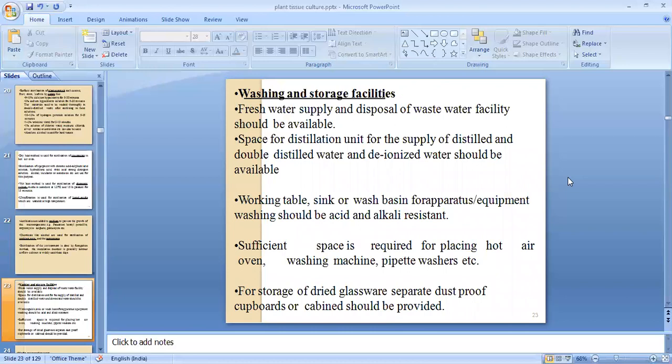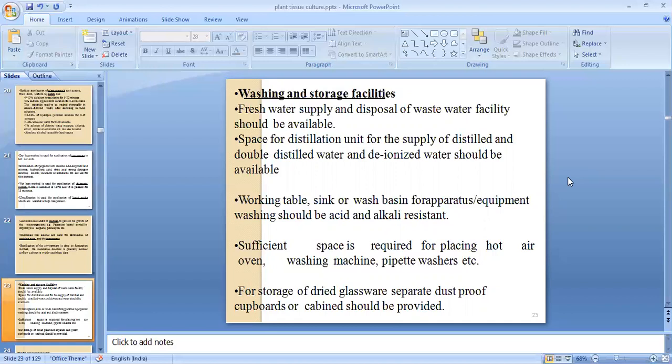Okay, and the next one is the washing and storage facilities. For washing, always a fresh water supply should be there, and disposal of wastewater should be there. And there should be a space for the distillation unit where the double distilled water has to be prepared and deionized. And the working tables, sinks, and wash basins to wash the apparatus and equipments should be there.